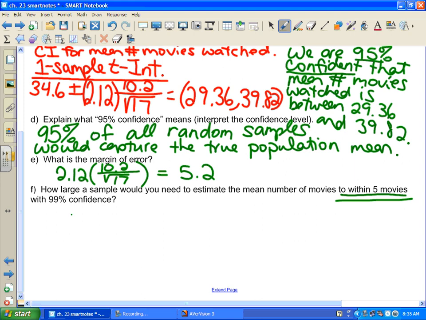So we're saying the margin of error equals, then we want to use everything after the plus or minus, but we're not using that data because now we're trying to find a new sample size. So this is the challenge question. I'm just writing down the formula. See what we need to know.